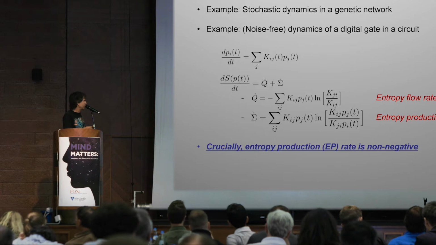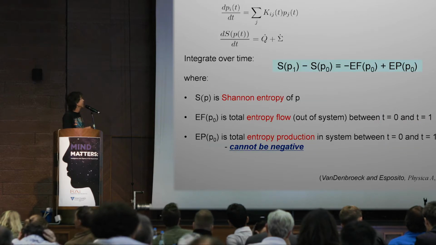It doesn't matter what your rate matrix is, it doesn't matter how it varies in time, the time derivative of the Shannon entropy is not going to be able to go lower than the entropy flow rate. In a certain sense, this is actually a derivation of the second law without worrying about things like the Loschmidt paradox or boundary conditions, arising just out of the simple equations of continuous time Markov chains.